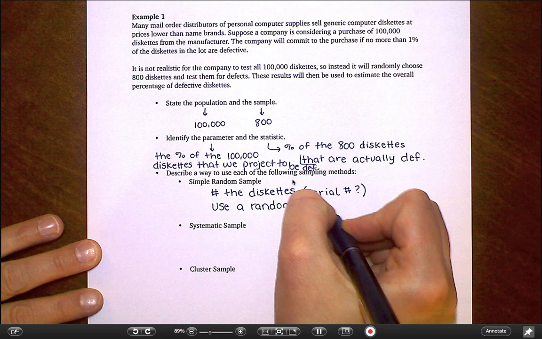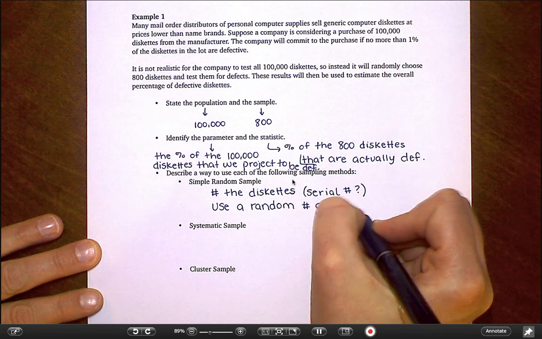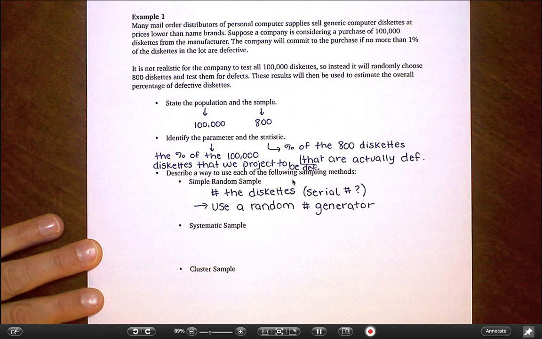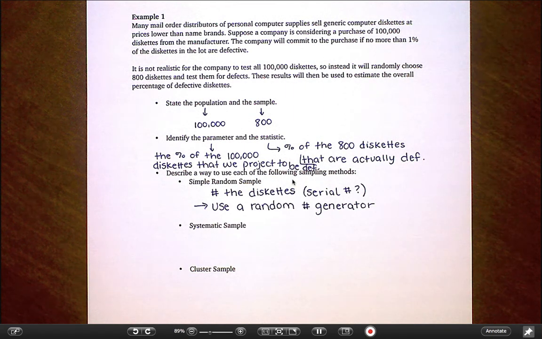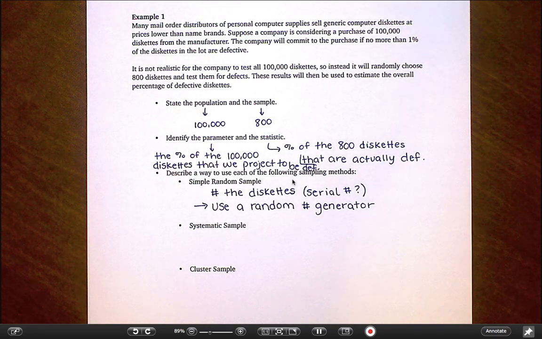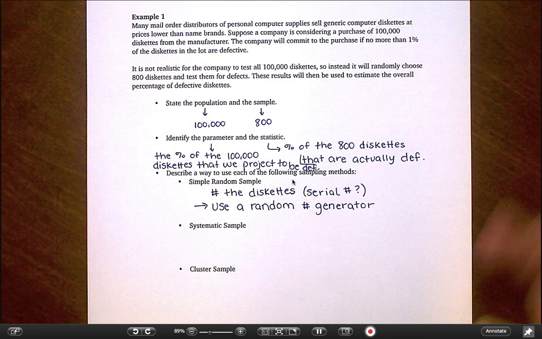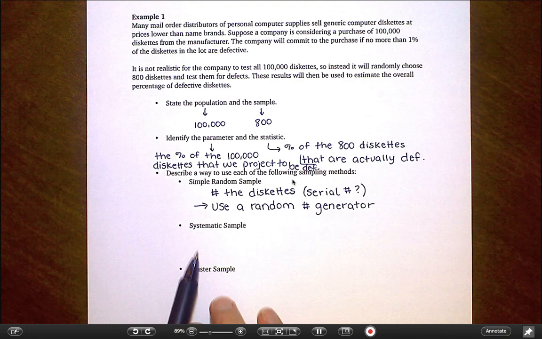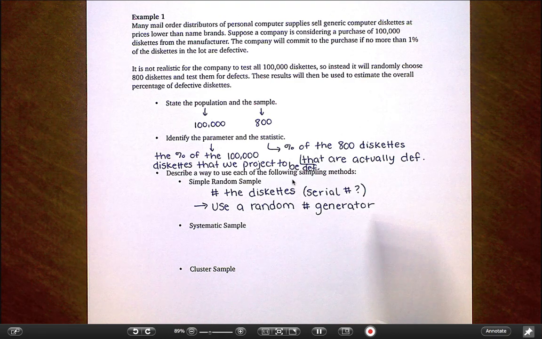Anytime I ask you about a simple random sample, this is going to come into play somewhere. A random number generator or a random sample generator of some kind, whether it be the one on your calculator, or drawing numbers from a hat. Maybe they're going to put all 100,000 serial numbers into a giant hat, and choose numbers from there 800 times. But in some way there has to be a random number generator involved.